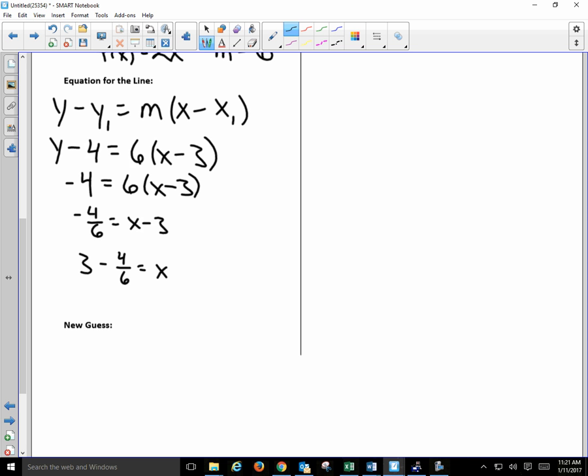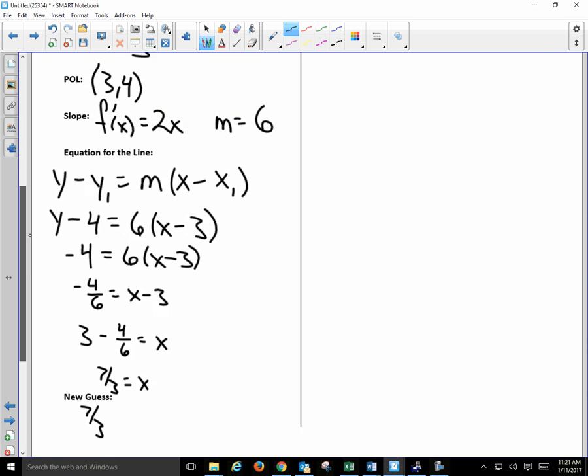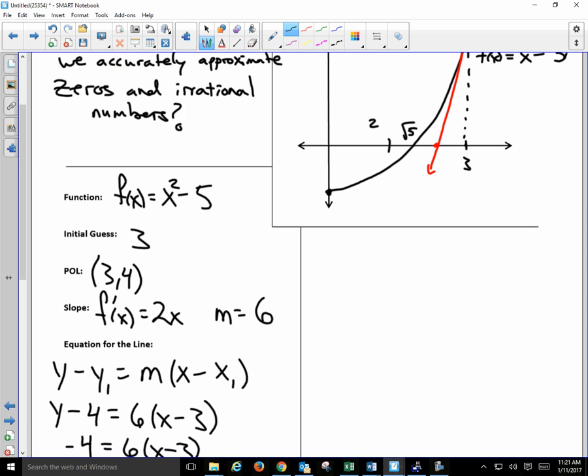So Newton learns that 3 was not a good guess, but 3 minus 4/6, or 3 minus 2/3, or 7/3 is an excellent new guess. Now, as you look at the drawing, you may say 7/3 still looks like it's a little bit of a ways away.